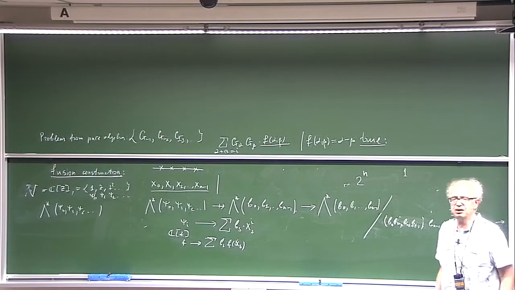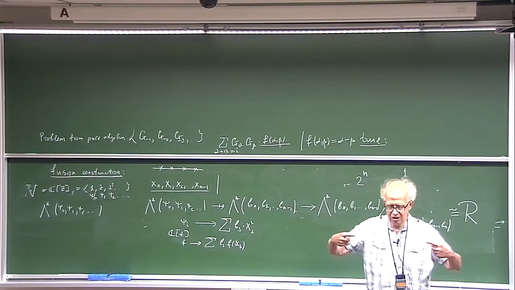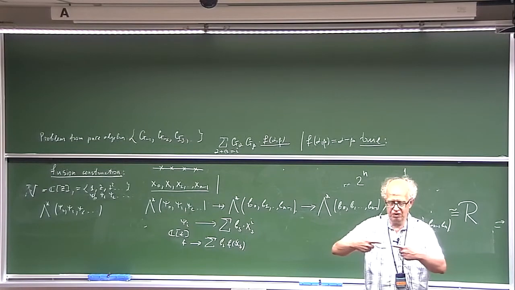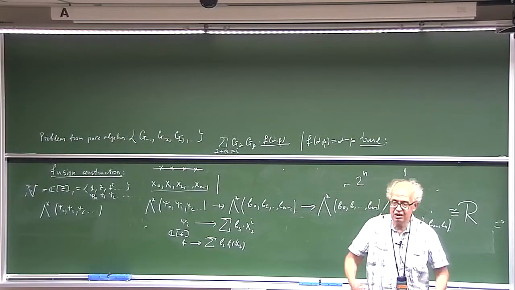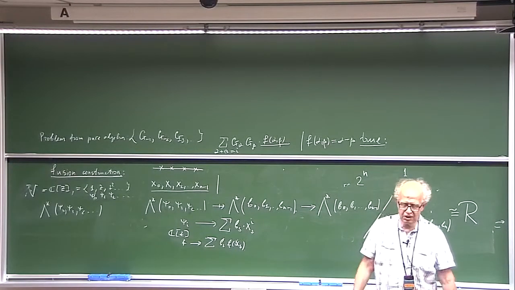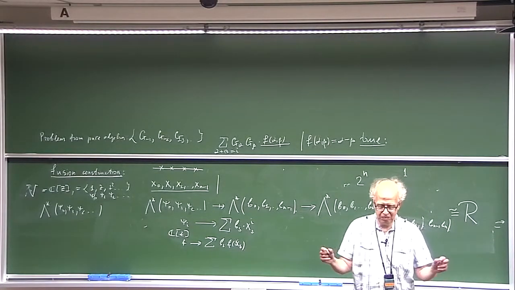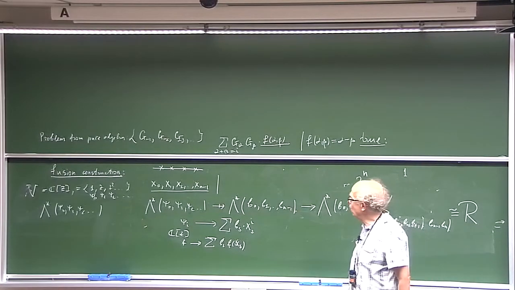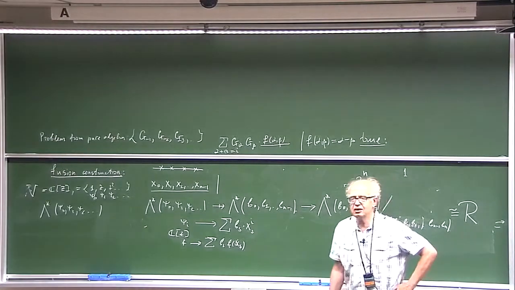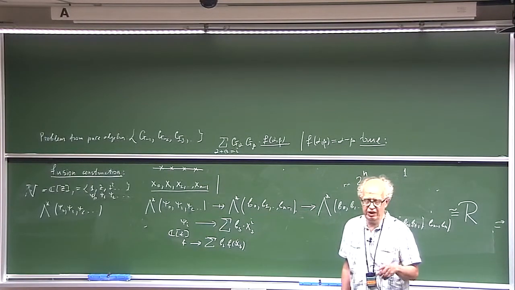The fusion procedure means that I want to send all different points to 0 and look at what we have in the limit. I want to call it fusion because these points are fused. Or I can go a different way.